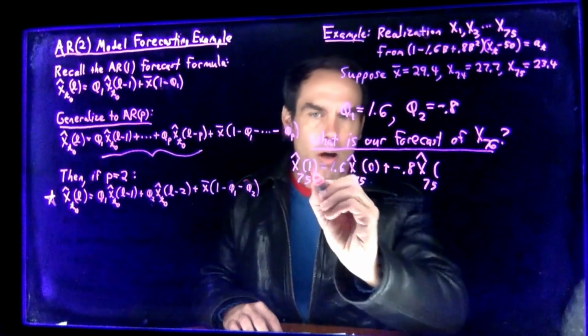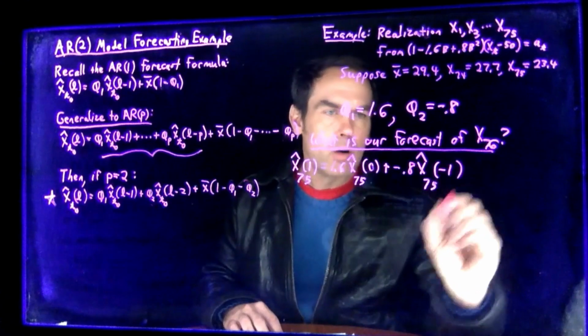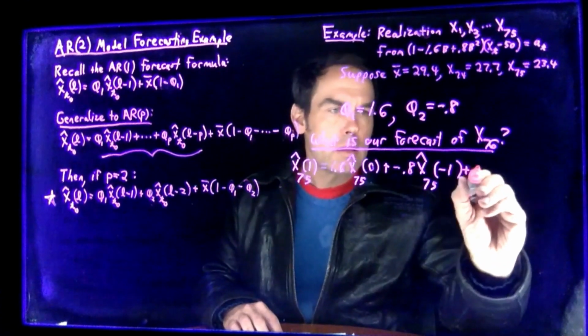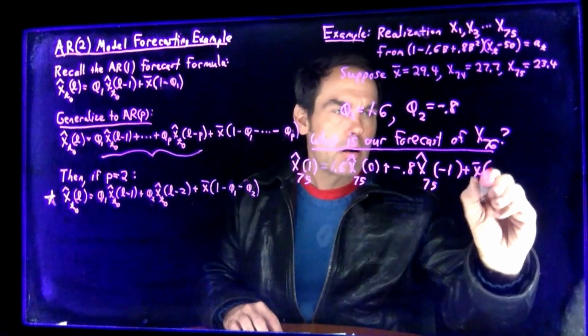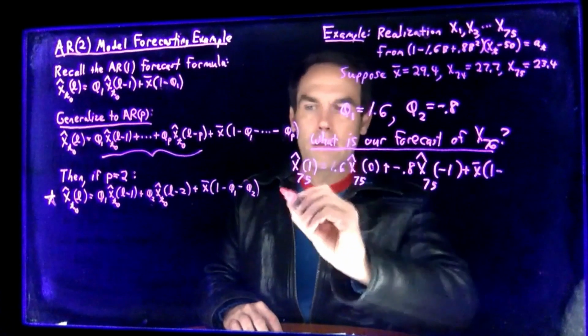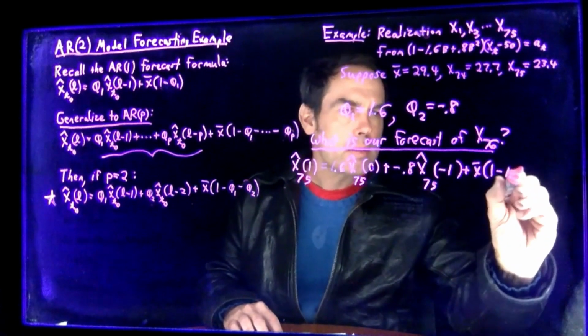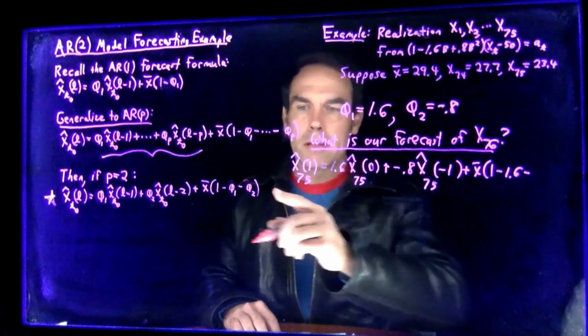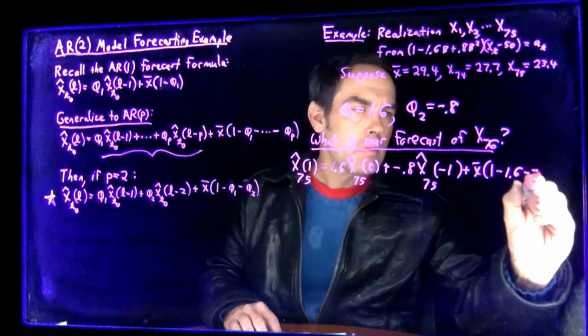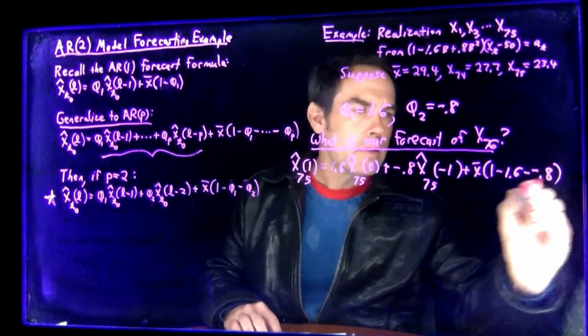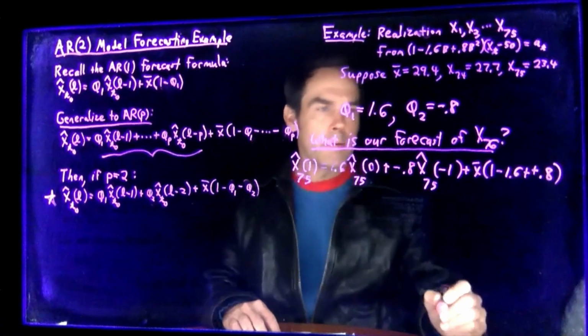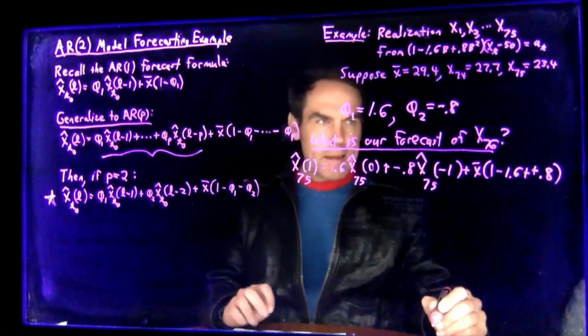Well, again, L is 1, so 1 minus 2 is going to be negative 1, plus x bar times 1 minus phi1, phi1 is 1.6, minus phi2, that's negative 0.8. So that's a plus plus. And that's what we have so far.